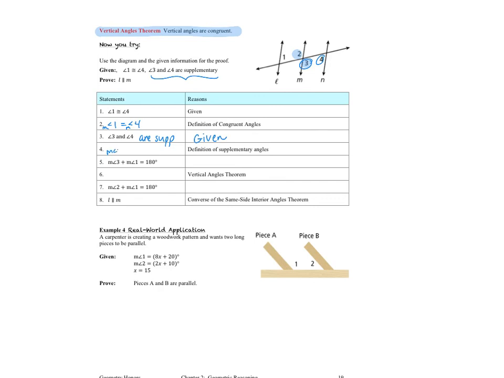Well, the measure of angle 3 plus the measure of angle 4 is equal to 180 degrees. That's the definition of supplementary angles. And so now this went from the measure of angle 3 plus the measure of angle 4 equals 180 to the measure of angle 3 plus the measure of angle 1 equals 180. So the measure of angle 4 became the measure of angle 1. Well, that's substitution when we change something out. We substituted in that value.